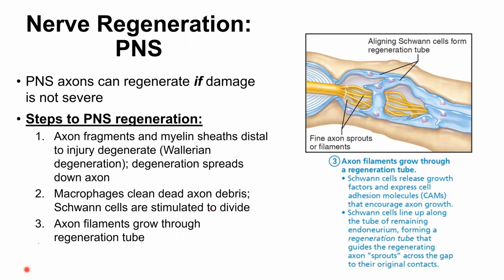The third thing that's going to happen here is the axon filaments are going to start to grow through this regeneration tube. As these Schwann cells are dividing, they form a tube, and all of the new fibers, the new little filaments, are going to start to grow into and through that tube.